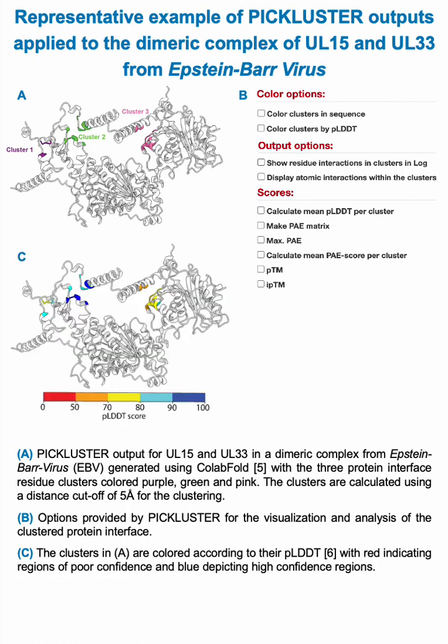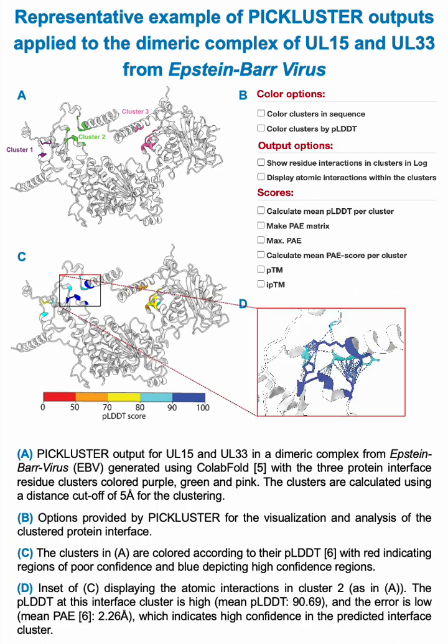This includes the coloration of the calculated clusters according to their PLDDT, which is a confidence measure of AlphaFold. Red indicates regions of poor confidence and blue depicts high confidence regions. What is already visible in here is that cluster number 2 shows a very high mean PLDDT and the error that is represented by the PAE is quite low, which indicates high confidence in the predicted interface cluster.